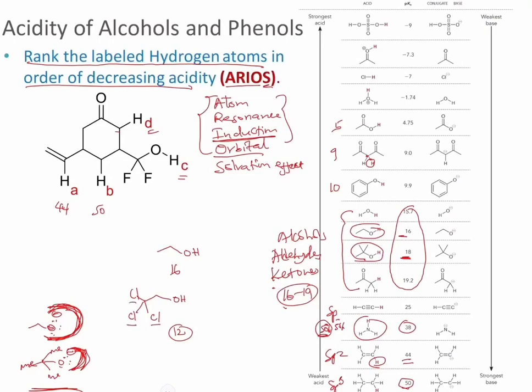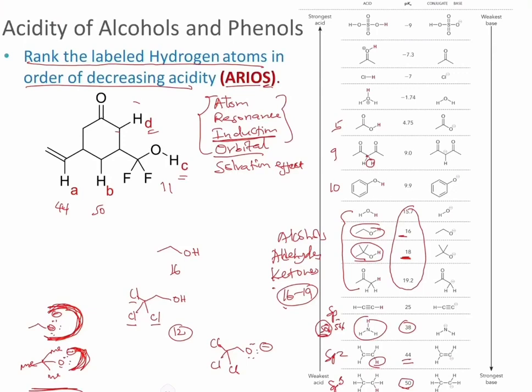So therefore, when you have the conjugate base, they are able to stabilize the charge by induction. So due to induction effect, they lower the pKa. So that means this pKa is roughly, we can just estimate, could be like 11, and this is between 16 to 19.